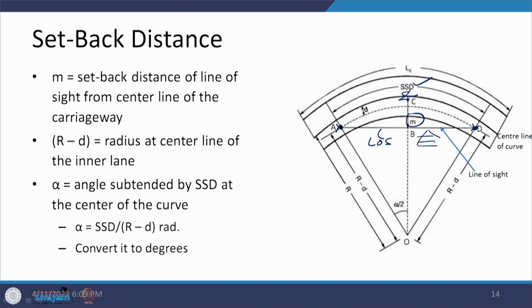Now, when the vehicle is moving in the inner lane, then the radius is going to be taken with respect to the inner lane, and d is the distance between the inner lane center line and the center line of the carriageway.